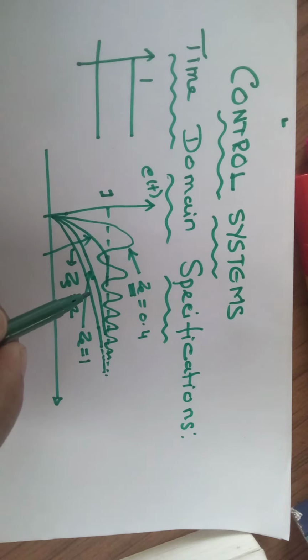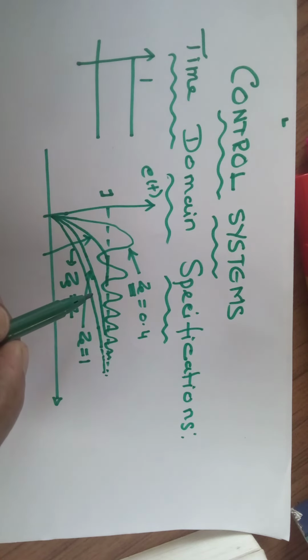Therefore, to compare the time response of various systems, it is necessary to start with standard initial conditions. The most practical standard is to start with the system at rest, so the output and all time derivatives before t equal to 0 are equal to 0.